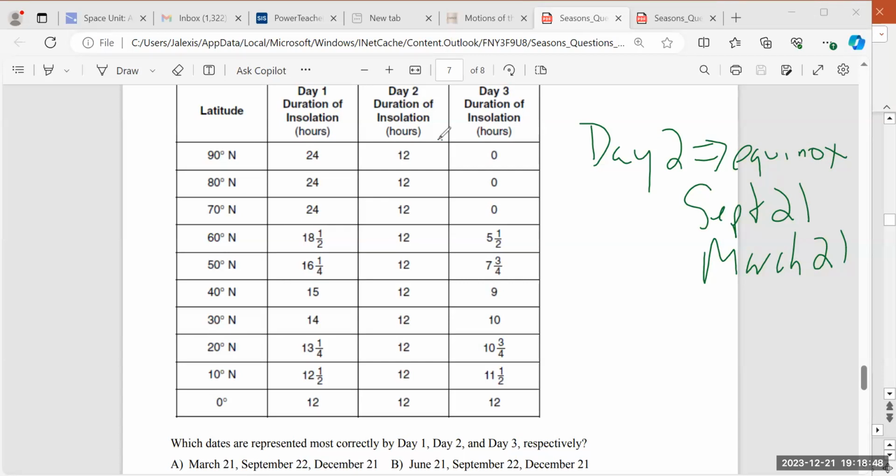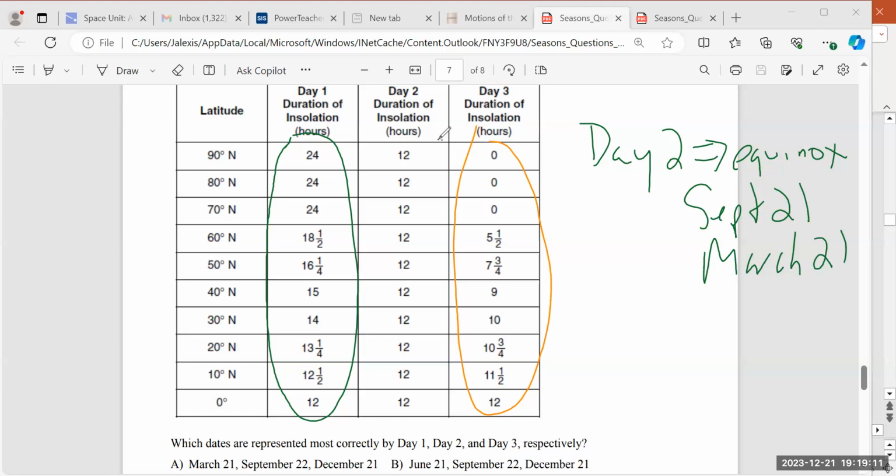The second thing I notice is that in day 1, the northern hemisphere has a lot more hours than it does in day 3. You see how in day 3, the amount of daylight hours is very small? Well, think about us when we're in New York.